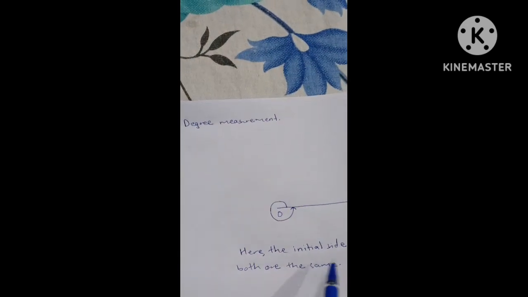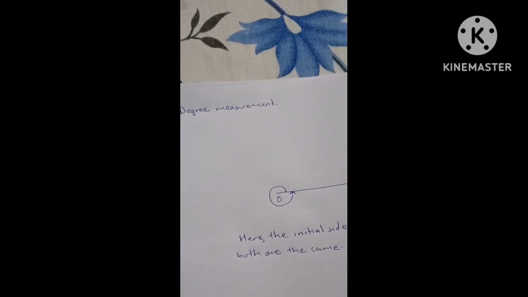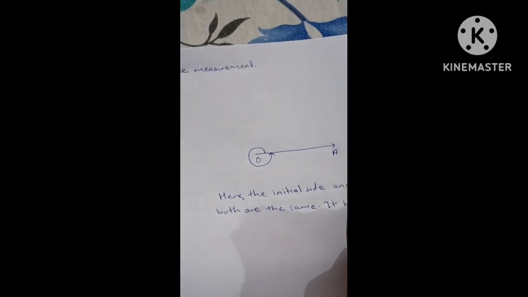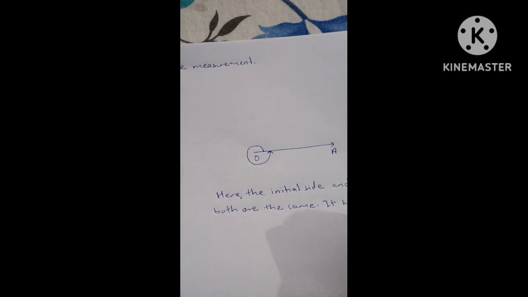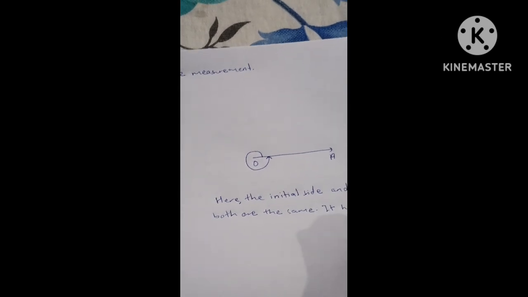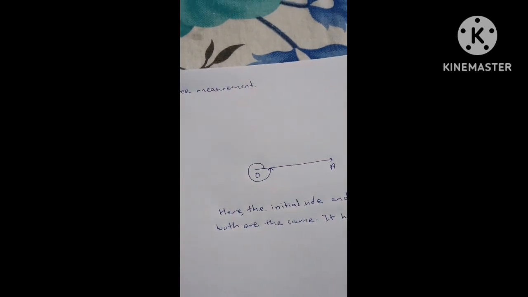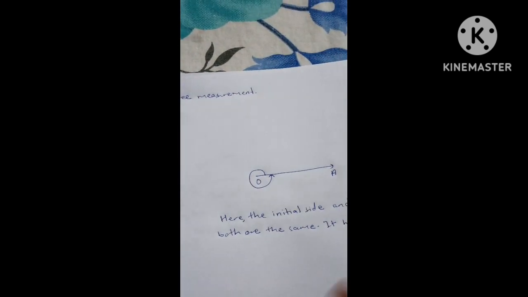If the initial side and the terminal side both are same, it has been rotated by 360 degree, and the rotation makes a complete circle.